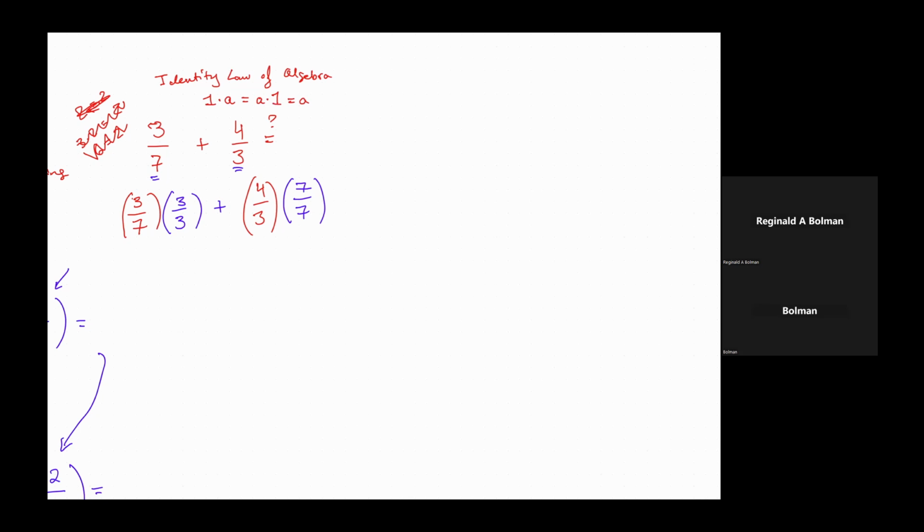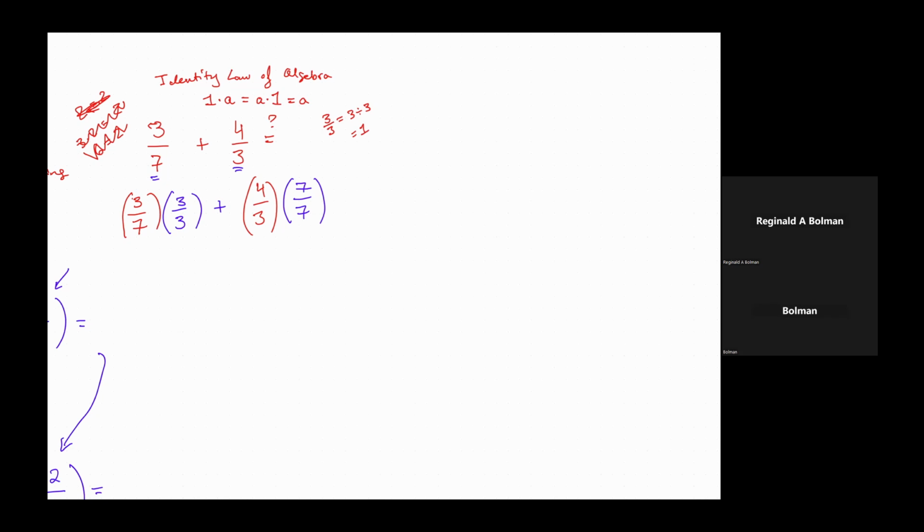Recall that fractions are the same thing as representing a division operation. So when you say 3 divided by 3, this is the same thing as 3 division symbol 3, and 3 divided by 3 gives you 1. So what's really happening is you're multiplying 1 by 3/7. And because 1 times anything is just that something, 1 times 3/7 gives you 3/7.